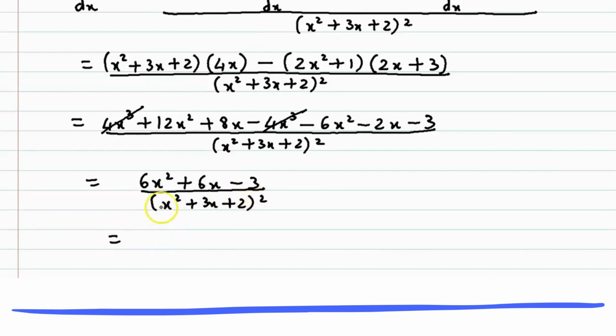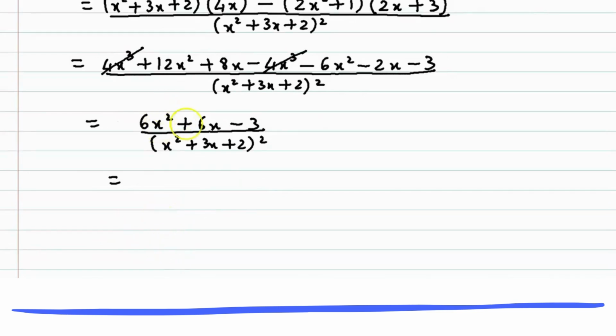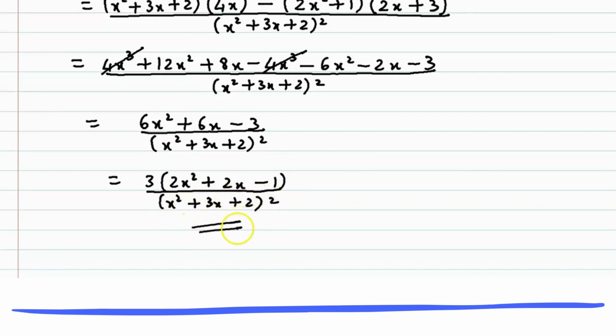Now we could take 3 as the common factor in the numerator, so we have 3 times 2x square plus 2x minus 1 divided by x square plus 3x plus 2 the whole square. So this is the value for dy by dx.